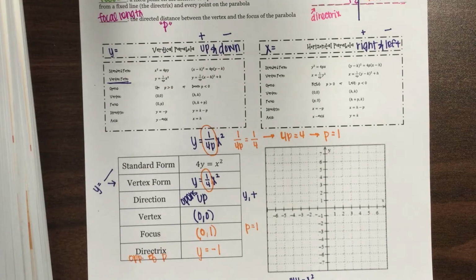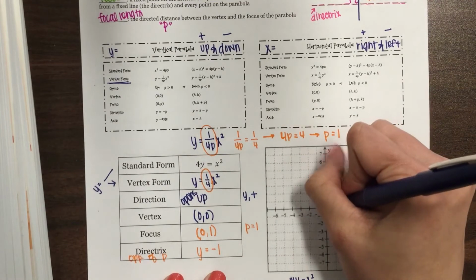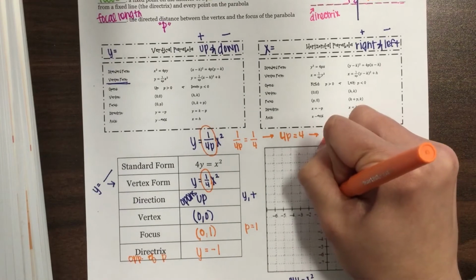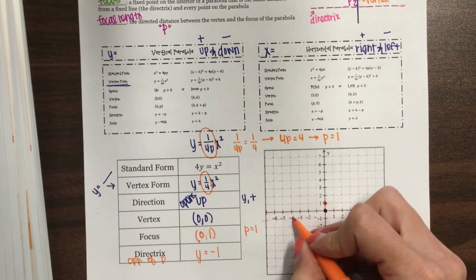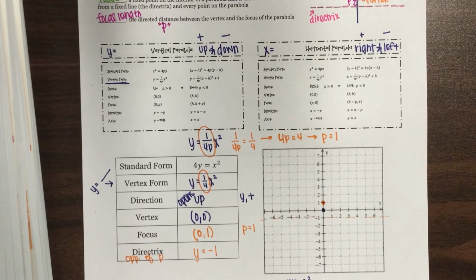Okay? So let's graph this. I'm going to graph my vertex first. So my vertex is here at 0, 0. Then my focus is at 0, 1. So the focus is always just a point. Then my directrix is y equals -1. And that line goes clear across here. Okay?